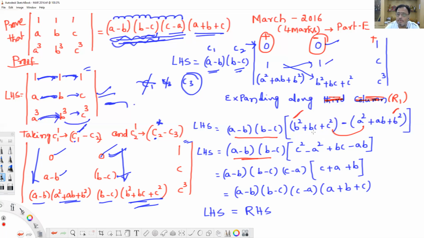What is left now? BC minus AB. In BC minus AB, I take B common, giving C minus A. C square minus A square is written as C minus A into C plus A. In that, I take C minus A as common factor, so here we get C plus A plus B. Therefore, we get A minus B, B minus C, C minus A into A plus B plus C. This is the RHS. We got the answer.